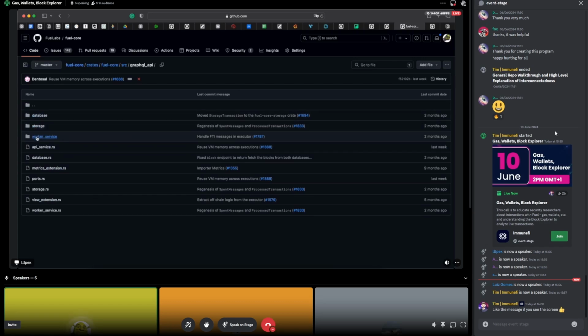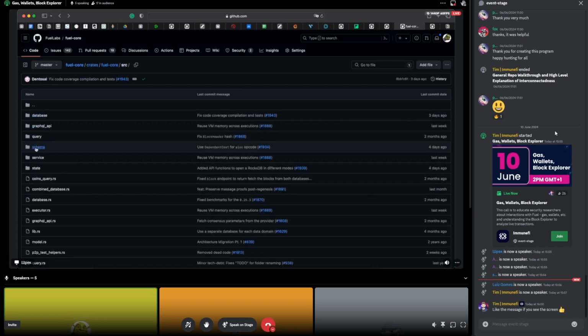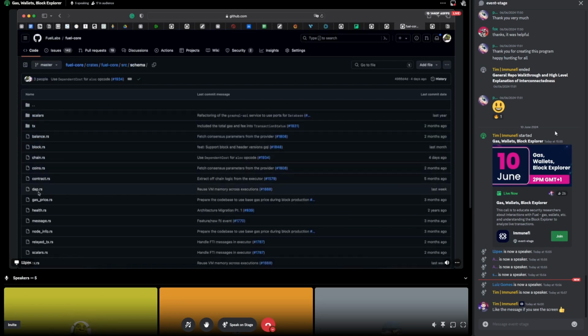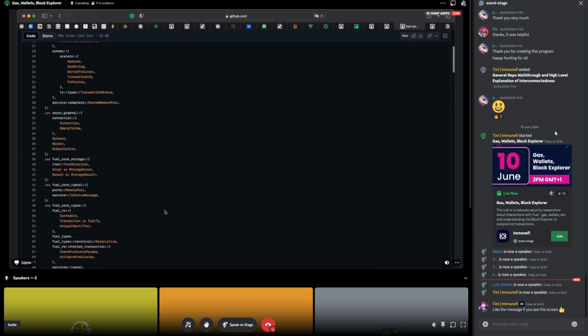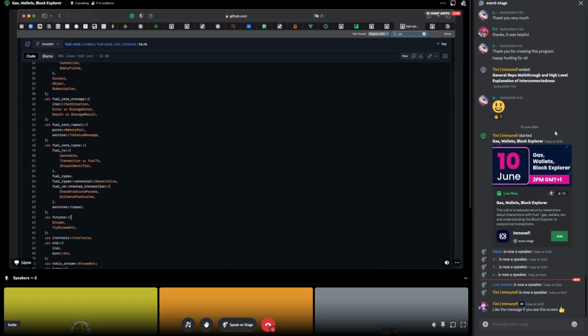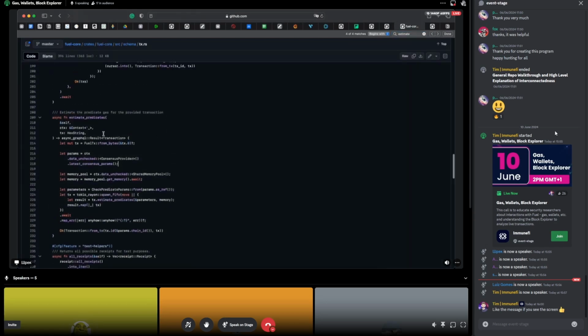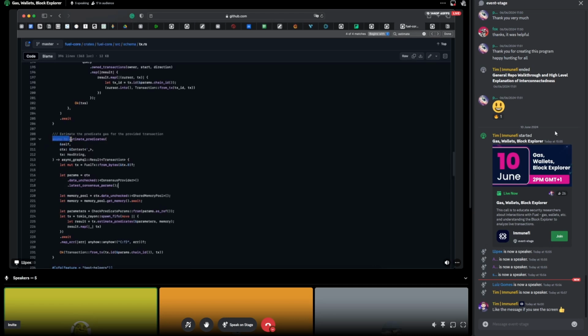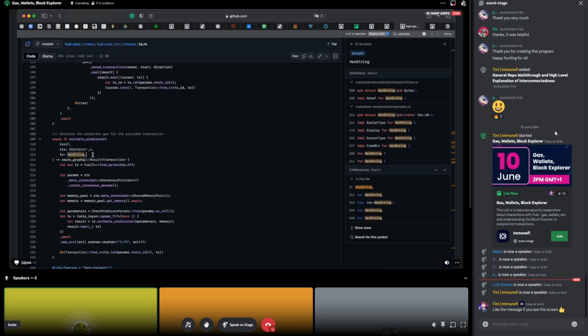Somewhere here, but I don't remember where. Okay, it should be here. Yeah, the GraphQL API provides an estimate predicates endpoint where you can send your transaction hex encoded. And at the end it will return your transaction back with estimated predicates.